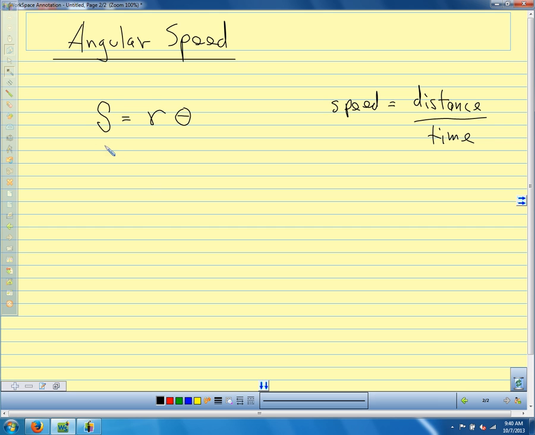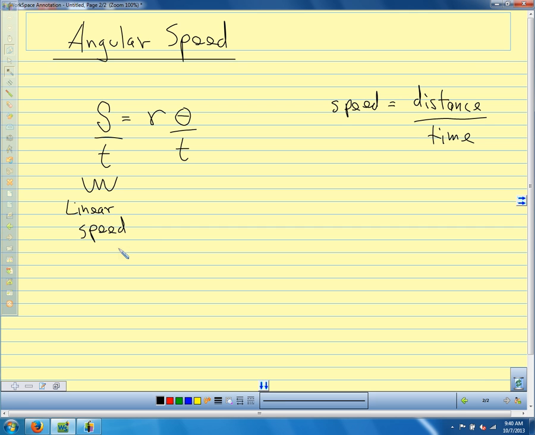So if I divide both sides of this equation by time, our radius isn't changing. This arc length over time is a distance over time. We call this part the linear speed.